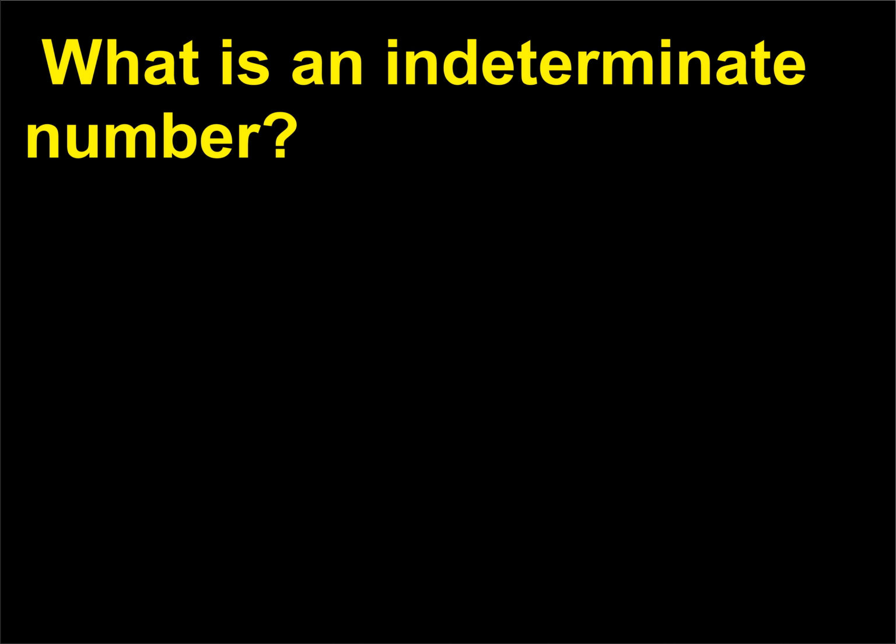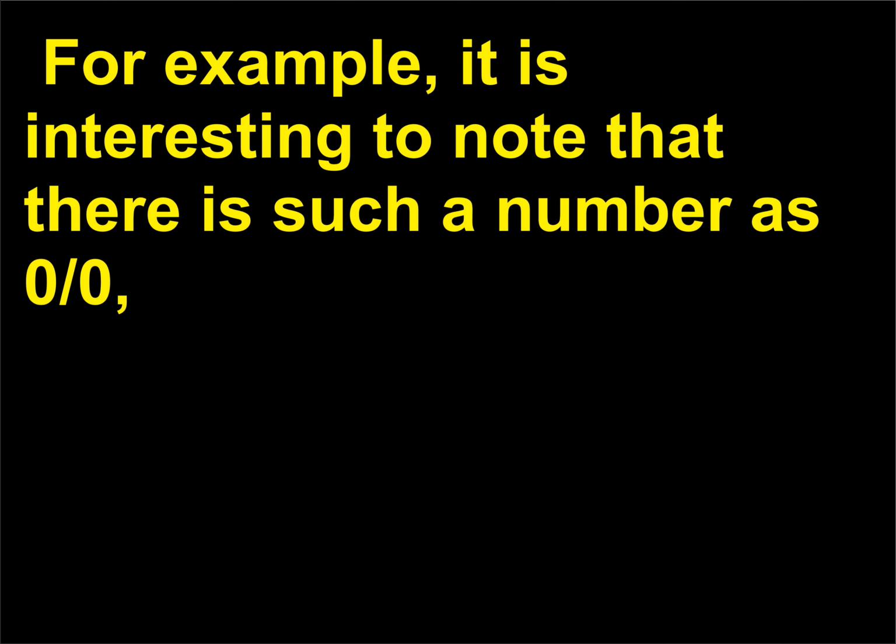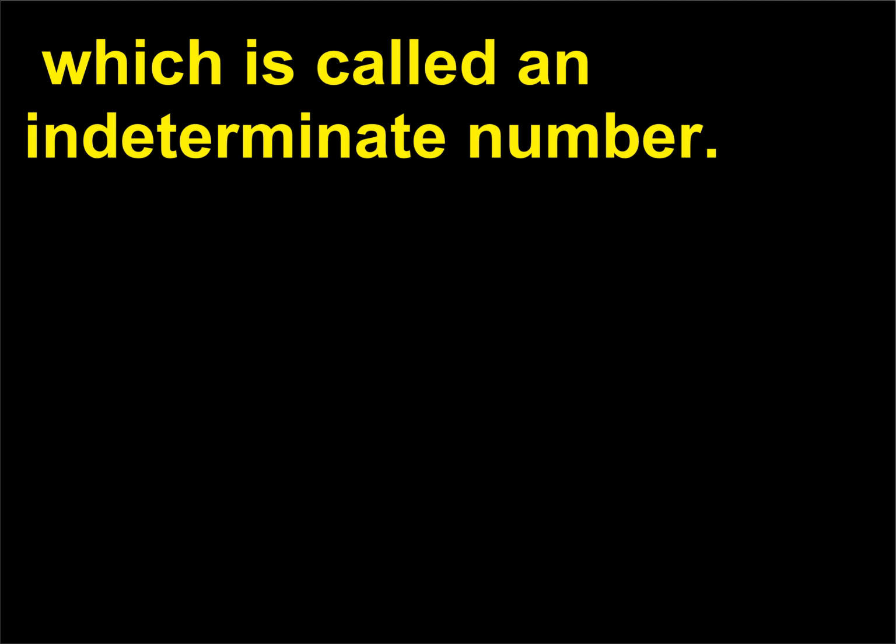What is an indeterminate number? As with many other fields, mathematics has terms that are sometimes confusing or overlapping. For example, it is interesting to note that there is such a number as 0/0, which is called an indeterminate number.